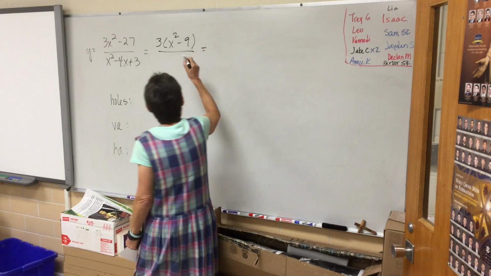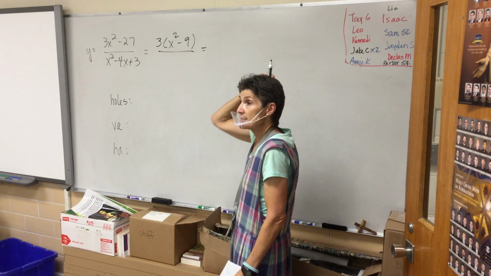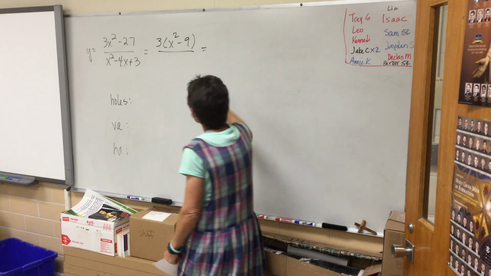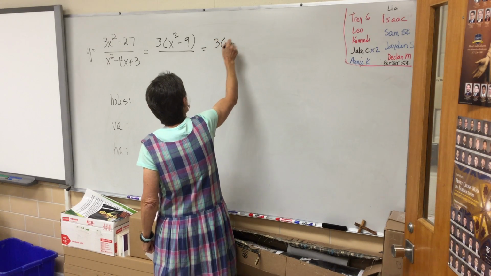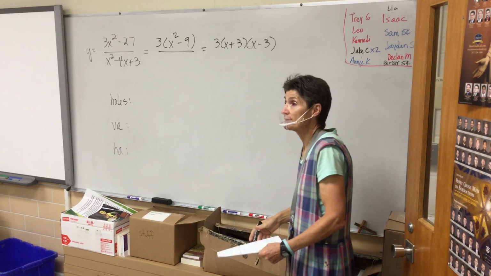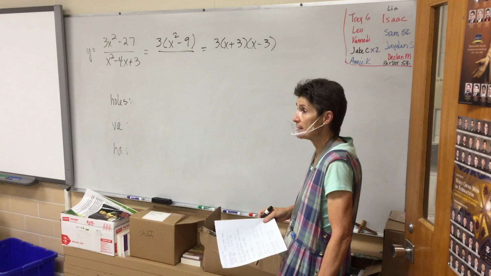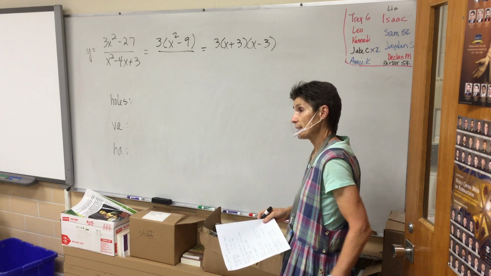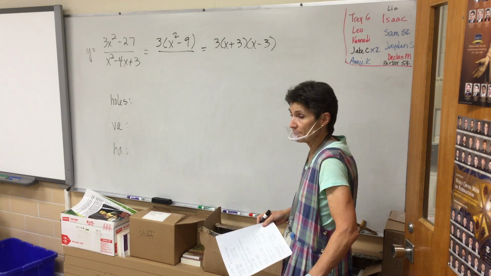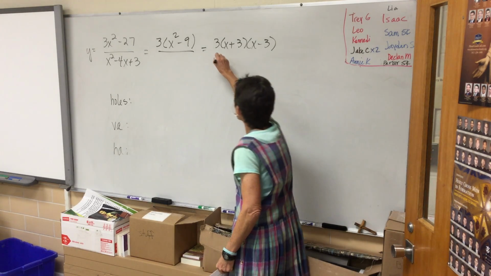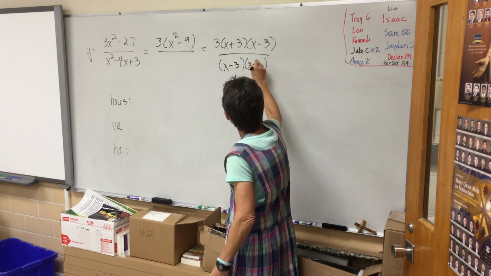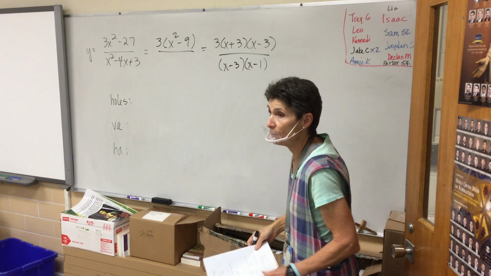So if I take out a 3, then I can see the difference of squares. So now the top is completely factored. I took out my 3, and then I factored x squared minus 9. What about the bottom? It is going to factor. x minus 3, x minus 1. Is that what I heard back there, I hope?